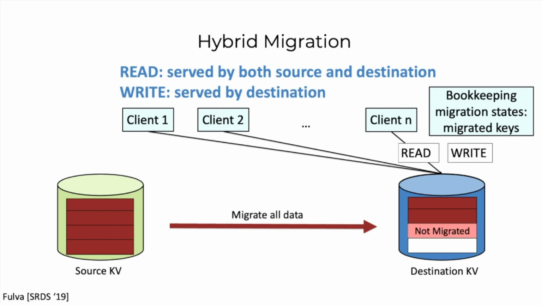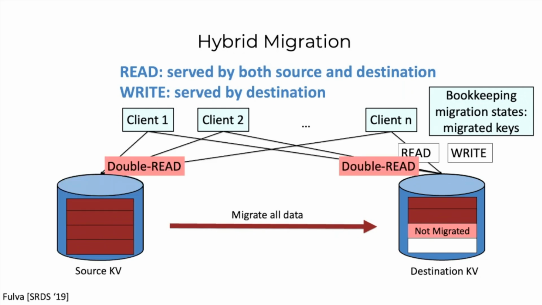However, if a read accesses not-yet-migrated data, the client library is not sure whether the key value pair is on the fly or stored in the source. So it issues a double read to query both the backend source and destination servers, and then merges the results with the latest version.